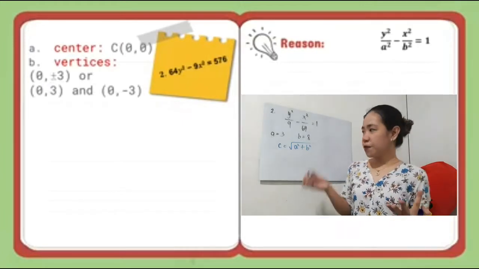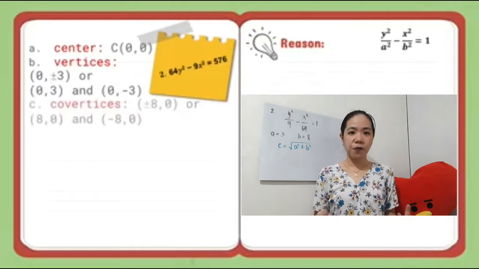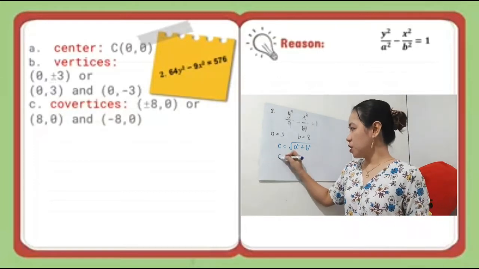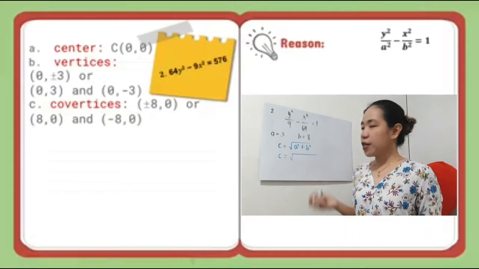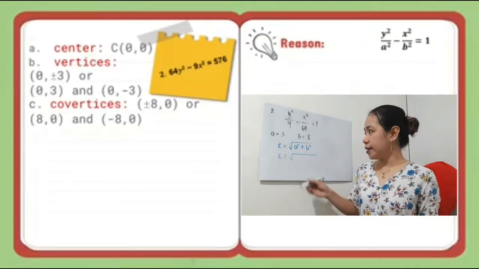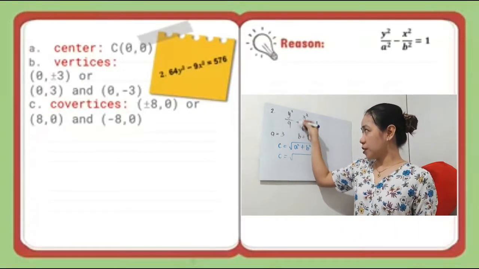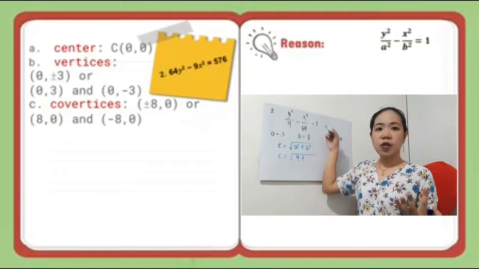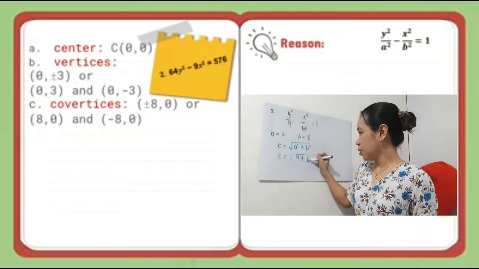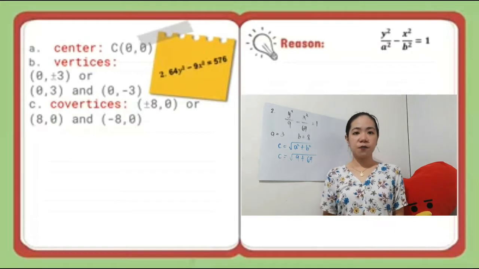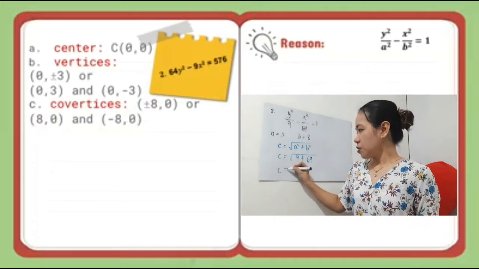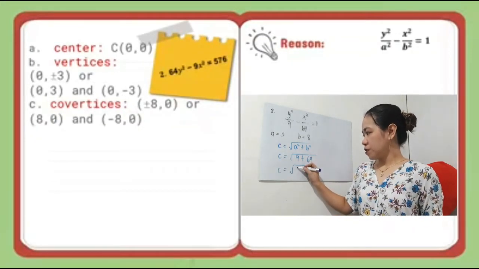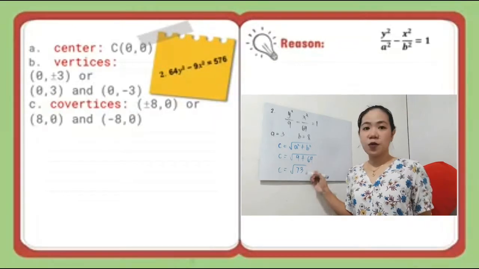We already have a and b, so let's solve for the value of c. C is equal to the square root of a squared plus b squared. A is 3, a squared is 9. B is 8, b squared is 64. We have 9 plus 64. Add. C is equal to the square root of 73.